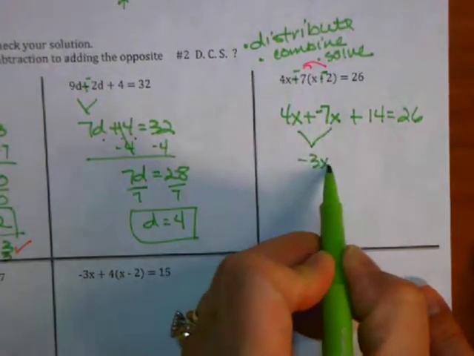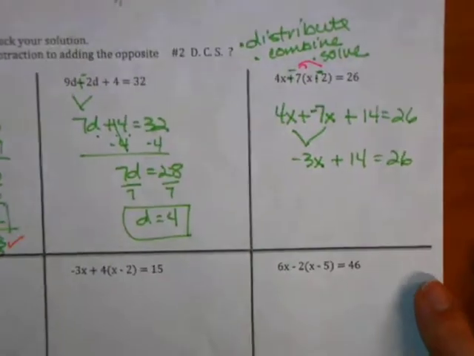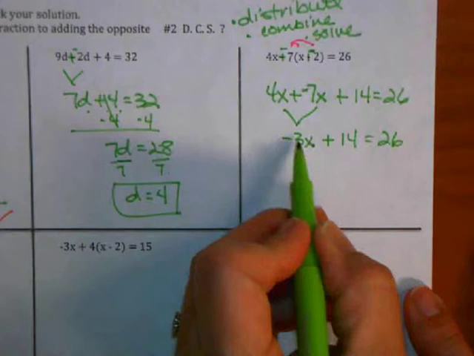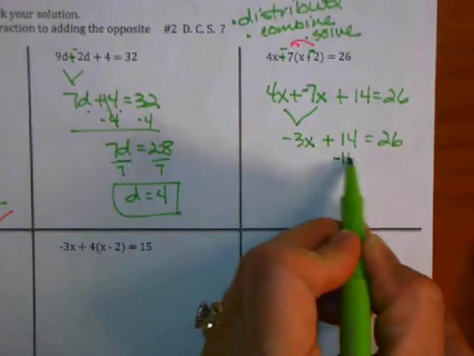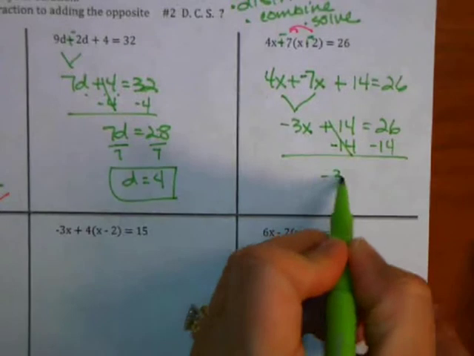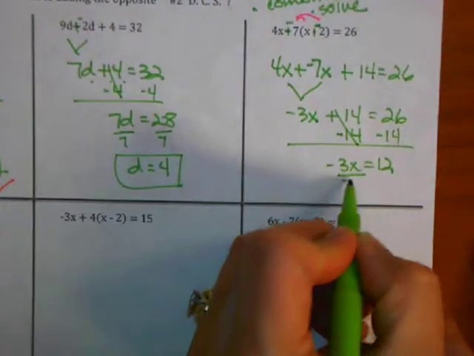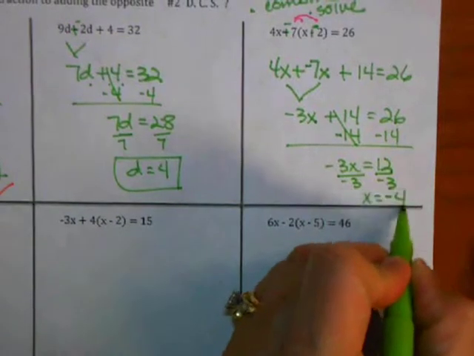Negative 3. Okay, now I'm working to get x by itself, so I've got to undo this part here. I've got to take away 14. Negative 3x equals 12. Divide by negative 3. X equals negative 4.